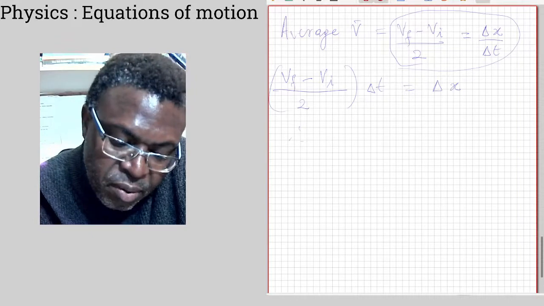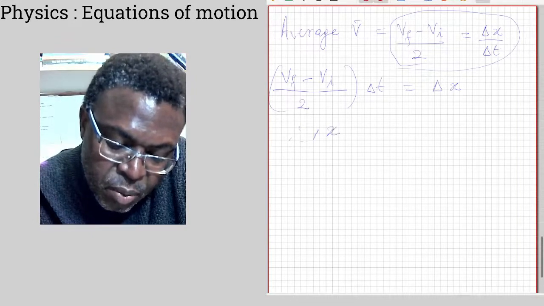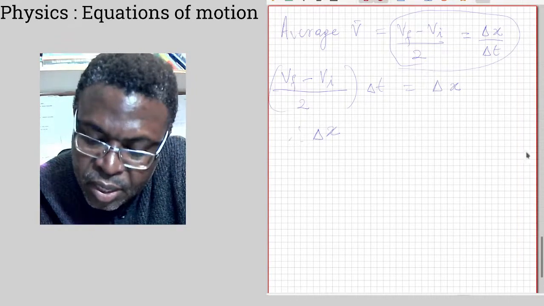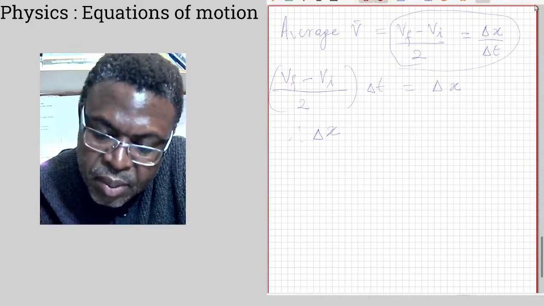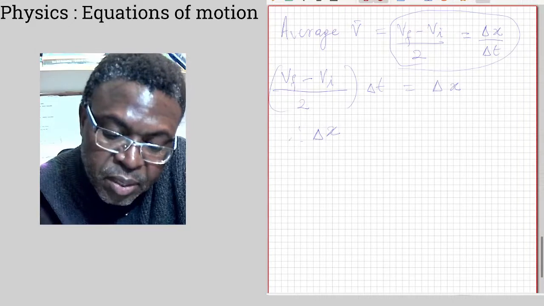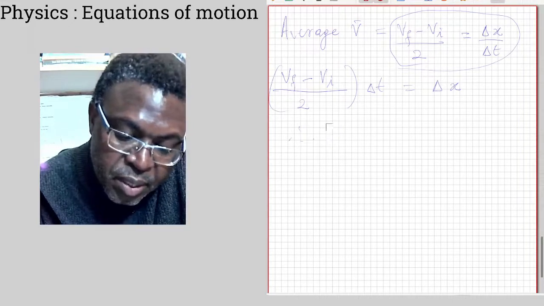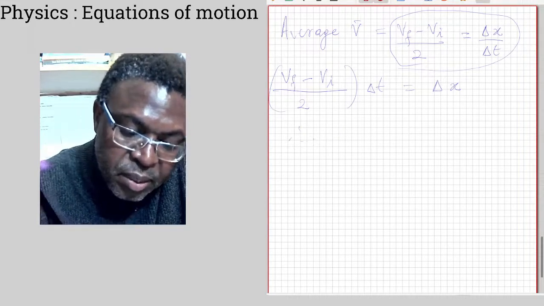And therefore, finally, we have our change in x, the displacement. Change in x is displacement.